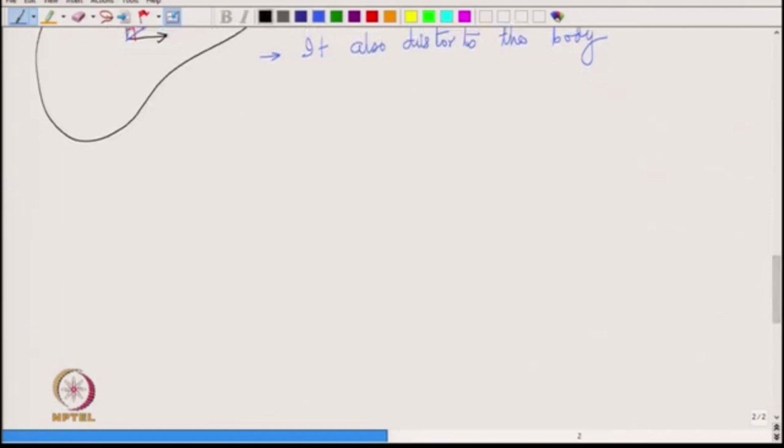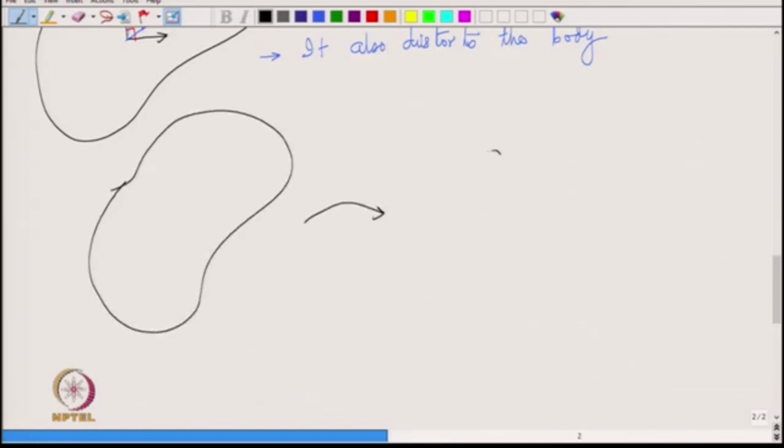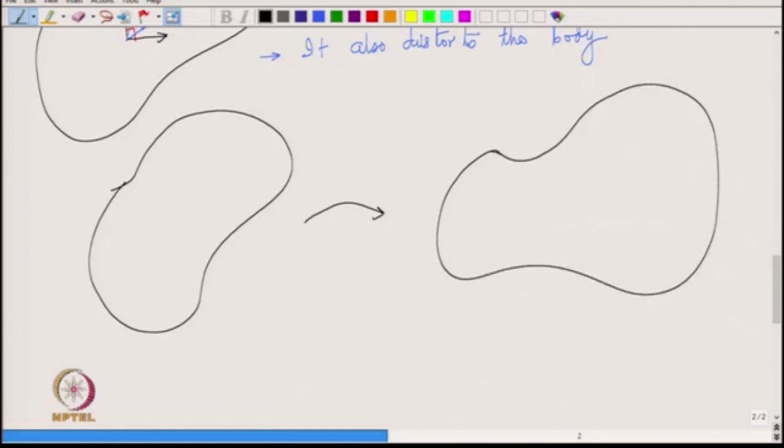Again we have the picture for the reference configuration undergoing deformation, and suppose it becomes like this, and then at a point big X, think of two line elements, perpendicular to each other. The first one, let us say, is delta big X, and the second one is delta big Y.